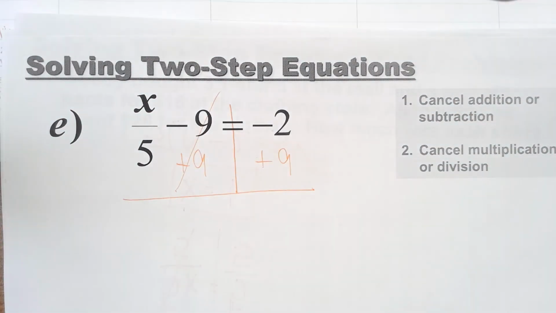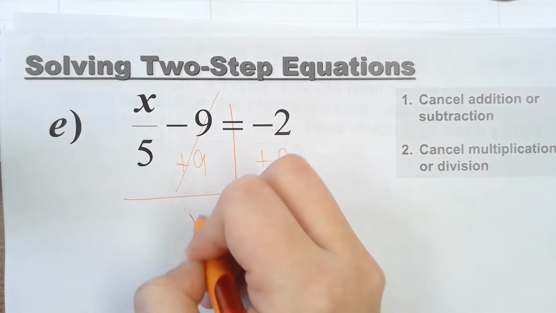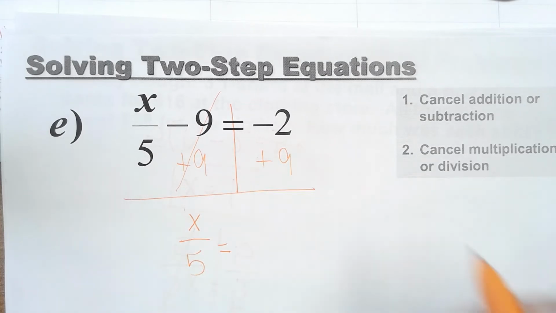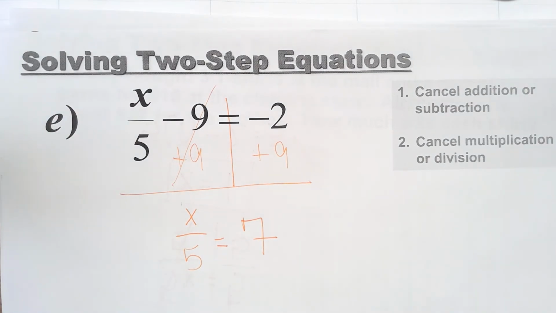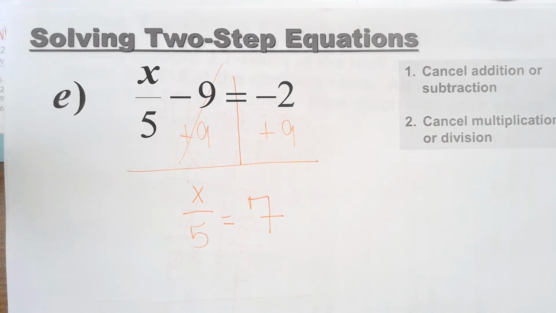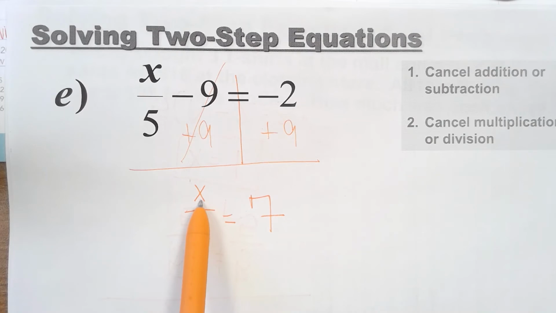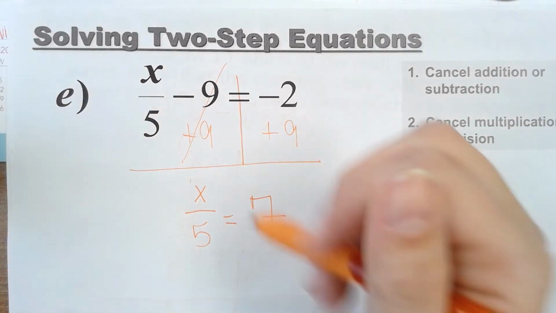So our 9's will cancel. We're left with x divided by 5 equals, and then -2 plus 9 gives us a positive 7. Alright, and then now we just have a one-step equation. So if we want to get x by itself, we need to move this 5 over to the other side.